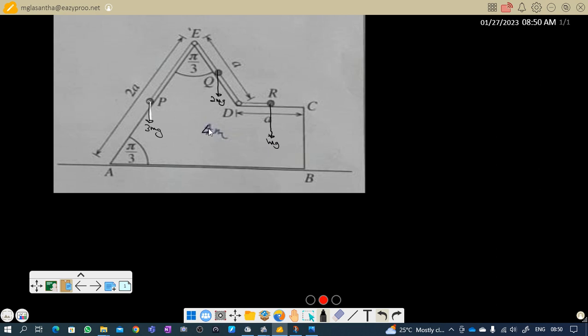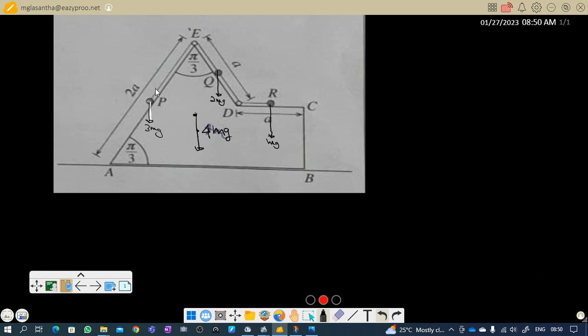The weight of the block is 4mg. Right? The weights are 3mg, 2mg, and mg, and so on.